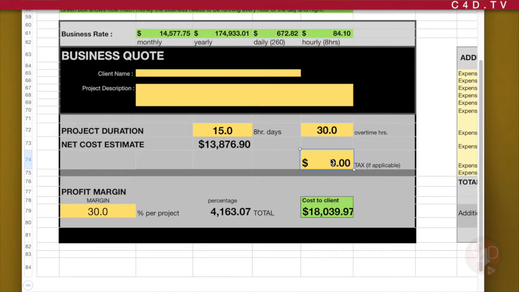It's up to the city. You have to figure that out. Your accountant might be able to tell you. When I do work as a business, usually we do not deliver elements anymore. Everything is digital, so you do not deliver tangible elements. So the tax usually is not applicable. Okay, in this case. Now down here is the profit margin.